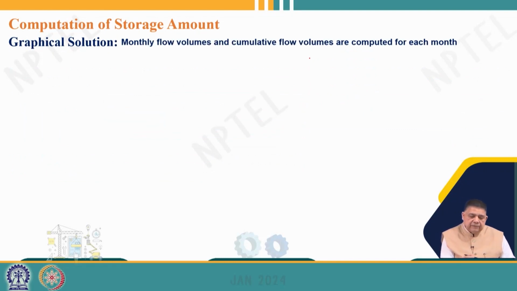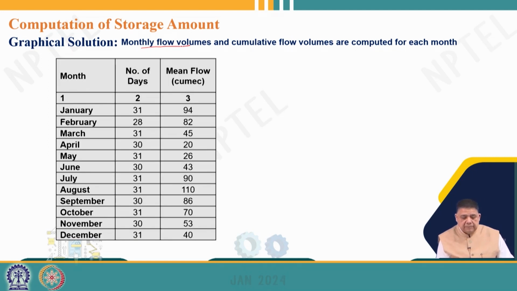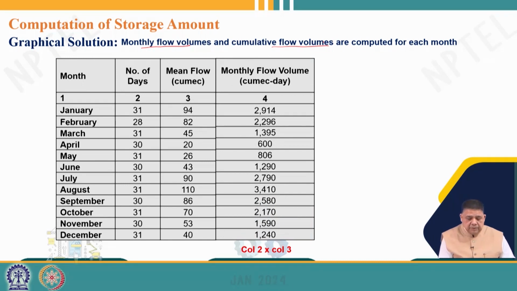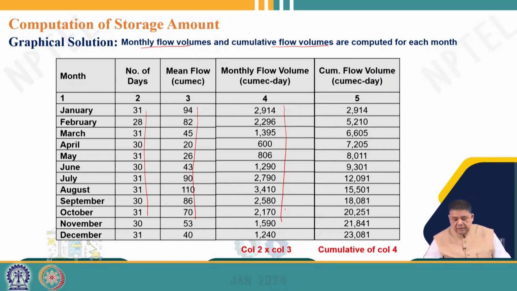So, obviously, as we have seen, the first thing we have to do is compute the monthly flow volumes and cumulative flow volumes. So, we have the number of days in different months, and we have the mean flow values given. So, the monthly flow volume we can find out, that is, column 2 and column 3 will give us the monthly flow volume, and the cumulative of this column 4 will give us the cumulative flow volume.